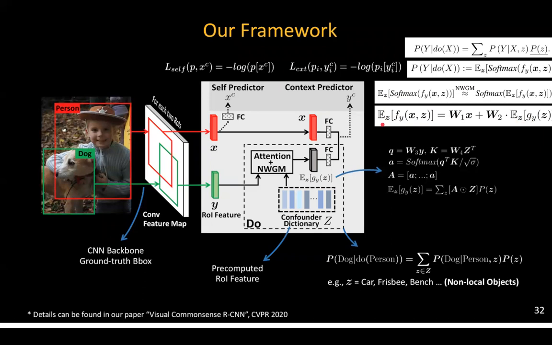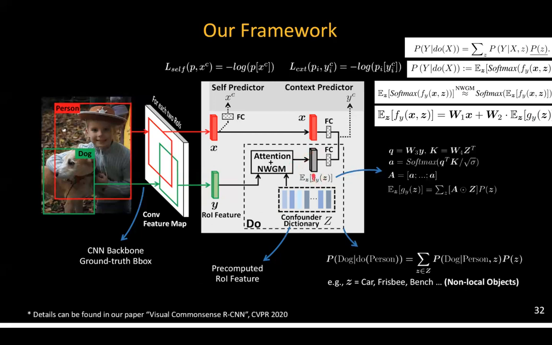That's why in the end we can rewrite the objective in this way. So W2 means the fully connected layer here, and this gray cube will be the expectation of Jy of z.